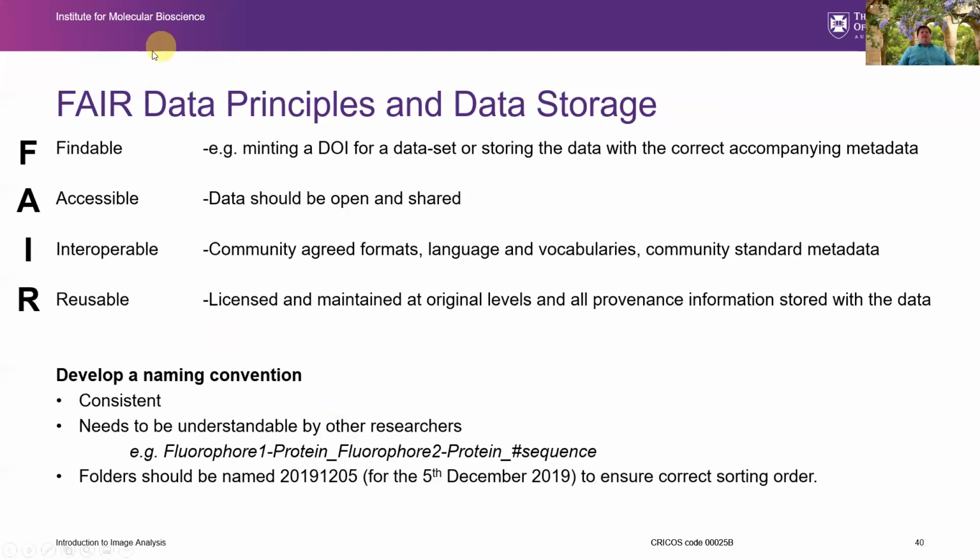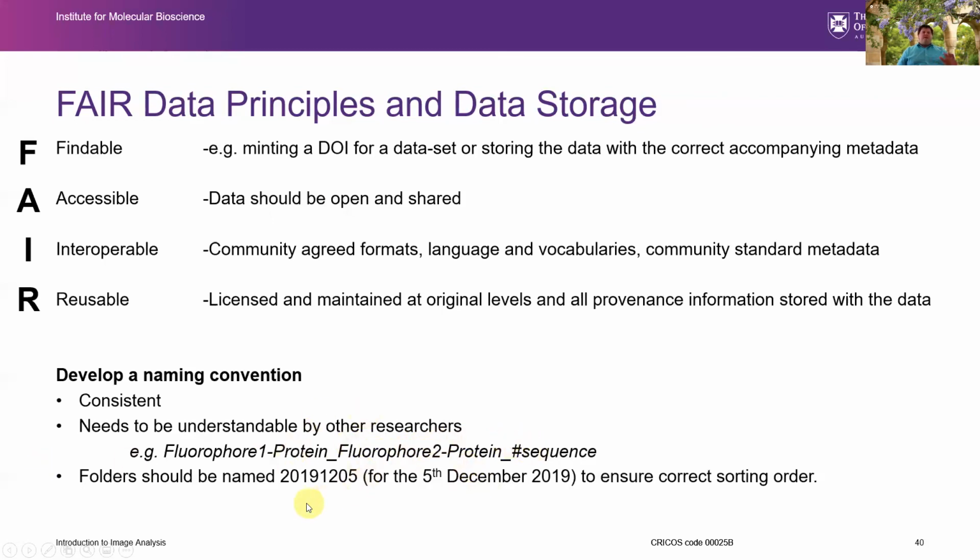One thing to think about for the FAIR data principles is to develop a naming convention, and you should be consistent, especially if you're just starting honors or your PhD. Don't call something control and treatment. That's meaningless. Name it like fluorophore-1 protein, so GFP and your protein, Alexa 488 and the antibody that you've targeted it to, and then a number sequence.